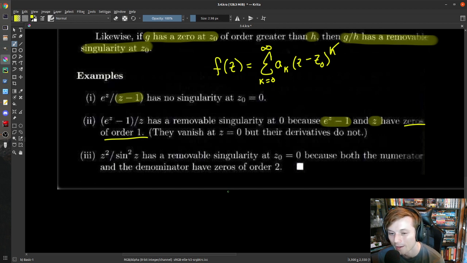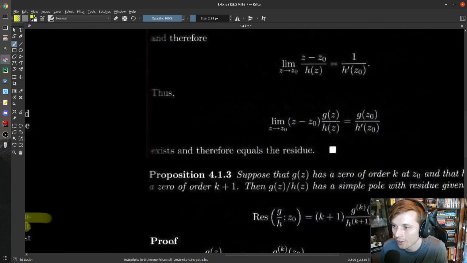Then you do one more and you just get 2 on top, and finally you get something that doesn't have a sine in it, and you can plug in 0 and you'll get a 1 down there. So finally you don't get a 0, so that's a zero of order 2. All right, pretty easy.